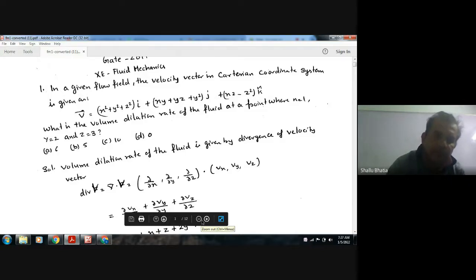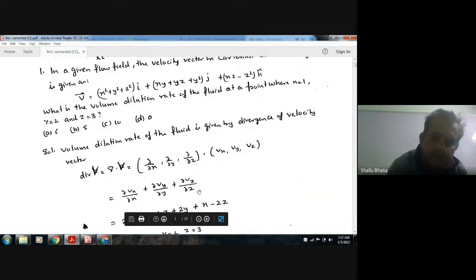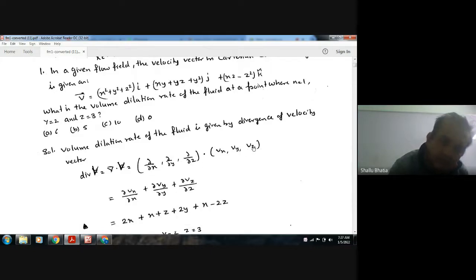Okay, the volume dilation rate of the fluid is given by the divergence of the velocity vector. Divergence of the velocity vector is nothing but the dot product of the operator curly by curly x, curly by curly y, and curly by curly z, with vx, vy, and vz. So here vx is your x square plus y square plus z square. So this is curly vx by curly x plus curly vy by curly y plus curly vz by curly z.